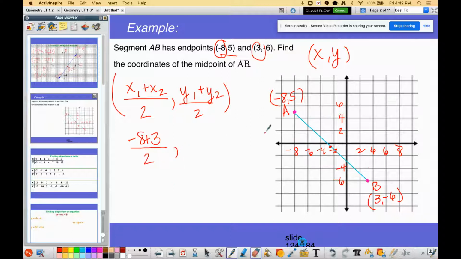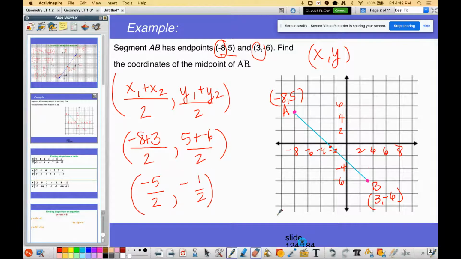Divide by 2. For my y coordinates, it's 5 plus -6, and then divide that by 2. So we end up with -5 divided by 2, and then -1 divided by 2. To check this, we're going to go over -2.5, and then down 1/2, and it's right here, my midpoint.